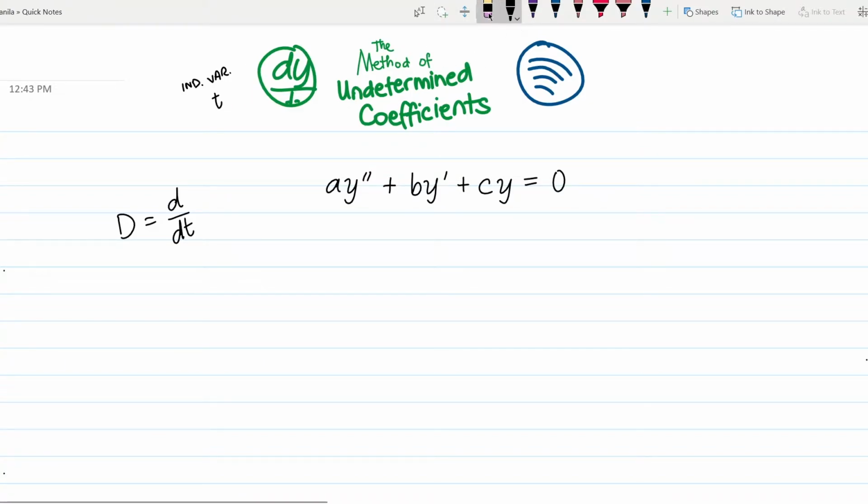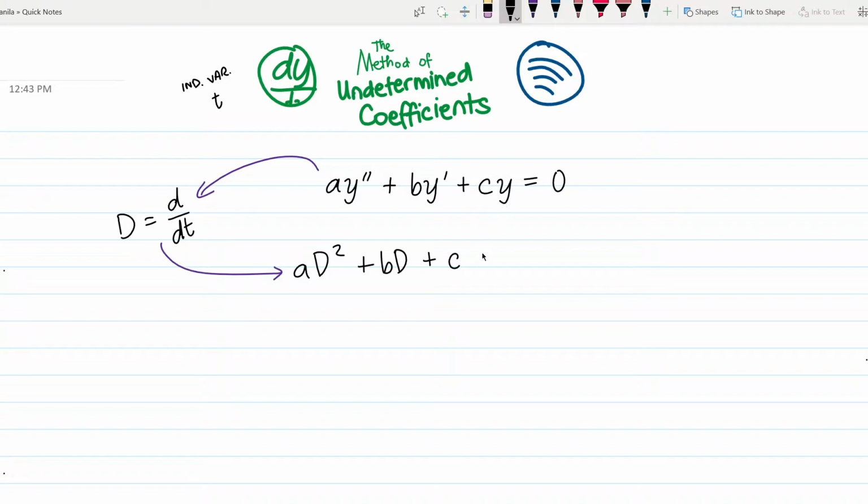If we plug this differential equation into the differential operator, we get something like this. Y is derived twice, so it's a d squared. B here, where y is derived once, becomes b d, and then plus c, since y isn't derived, so it's not included with a d, and equal to 0.